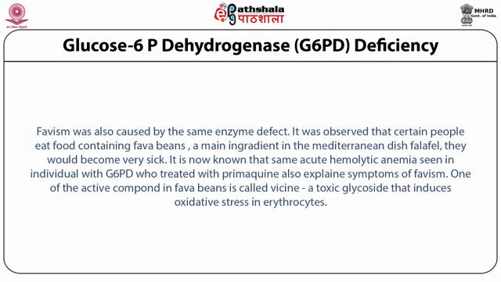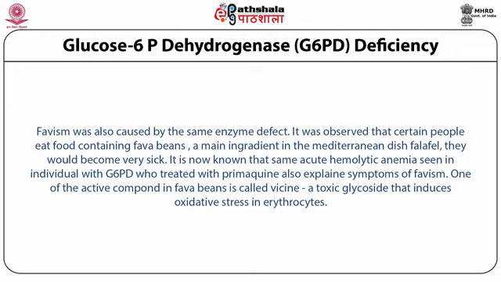Favism is also caused by the same enzyme defect. It was observed that certain people who ate food containing fava beans, a main ingredient in the Mediterranean dish falafel, would become very sick.